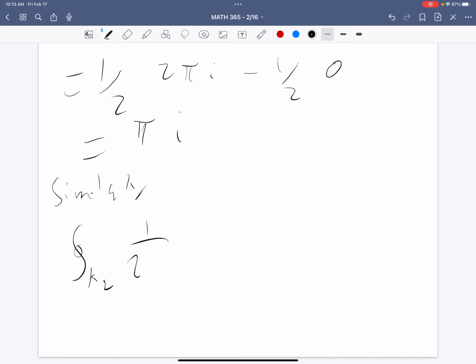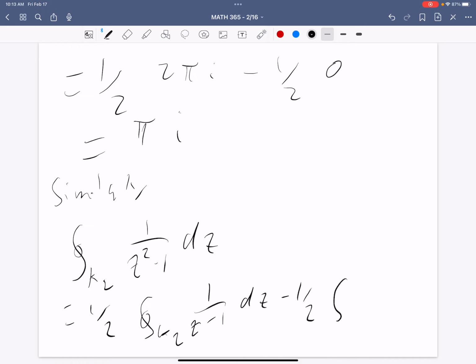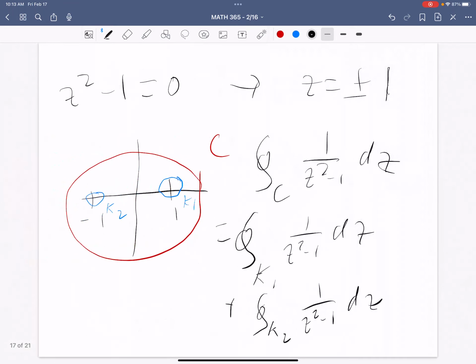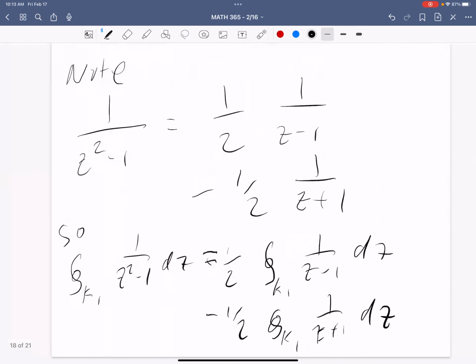if I integrate my function 1 over z squared minus 1 dz on k2, this is really the integral on k2 of 1 over z minus 1 dz minus 1/2 the integral on k2 of 1 over z plus 1. Now this time k2 encloses negative 1 and excludes 1.